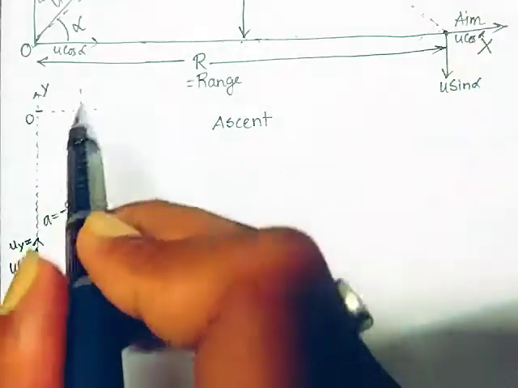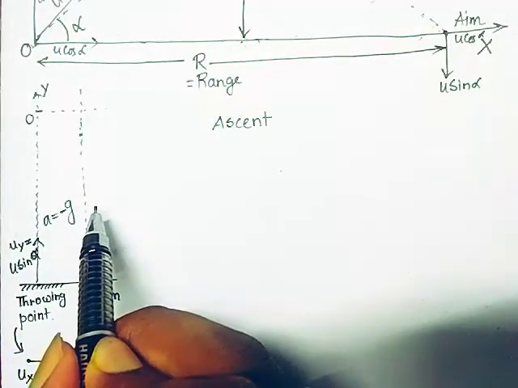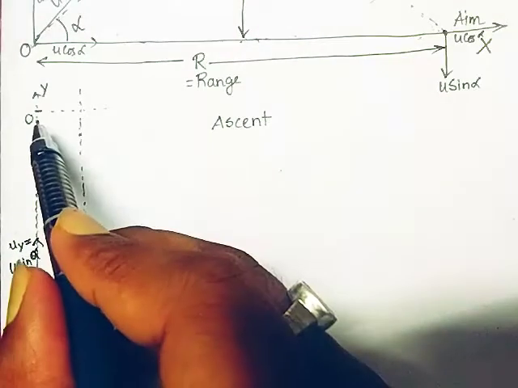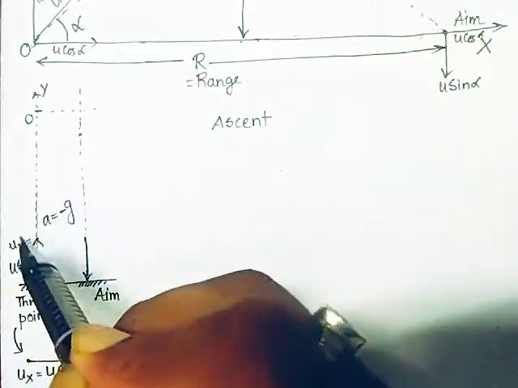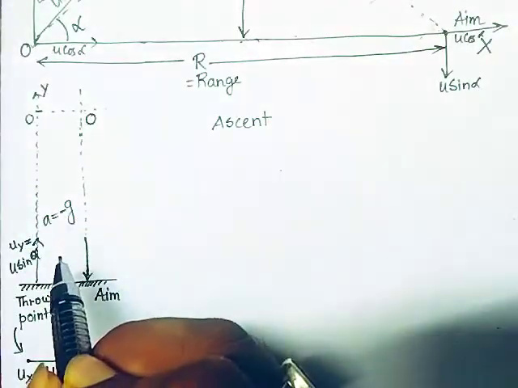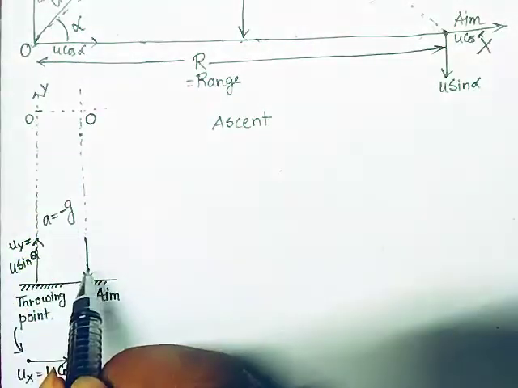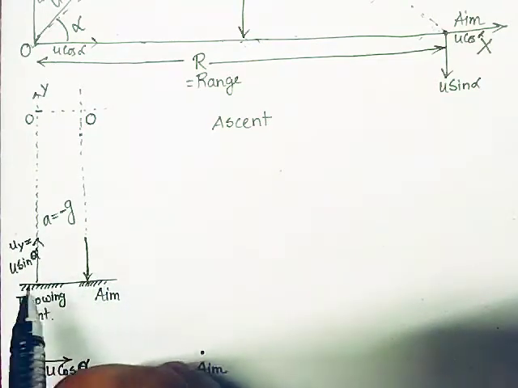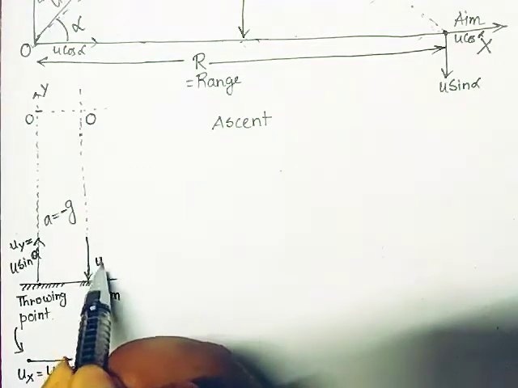After a momentary rest, we draw the descent separately just to distinguish it, nothing else. The particle comes down along the same path. We have proved that the velocity of throwing and the velocity of striking are the same.